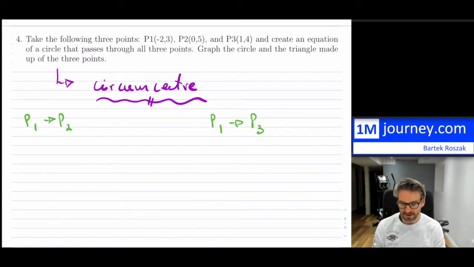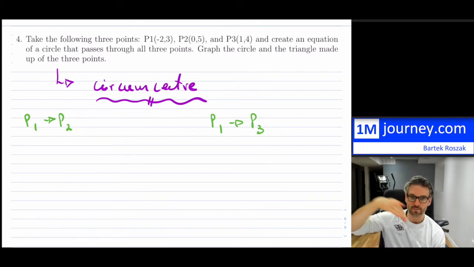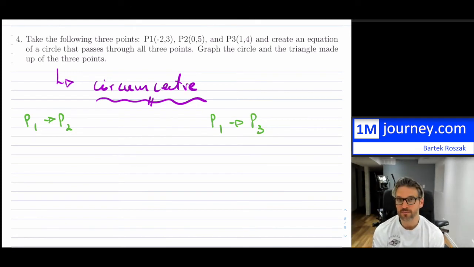I need to find the midpoint between the 2 points and then find the line that goes through. Remember, you only need to find 2 of the perpendicular bisectors because you're guaranteed that the third one will go through. So it won't be as much work as we may think.